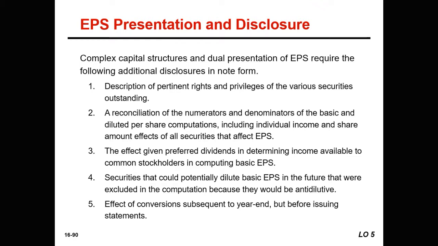The effect given preferred dividends in determining income available to common stockholders in computing basic EPS, and securities that could potentially dilute basic EPS in the future that were excluded in the computation because they would be anti-dilutive at this time. The effect of conversions subsequent to year end, but before issuing the statements.